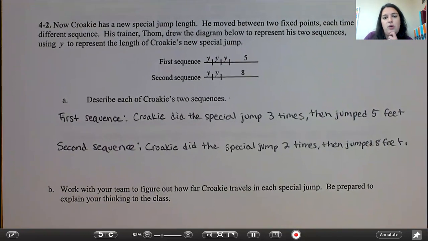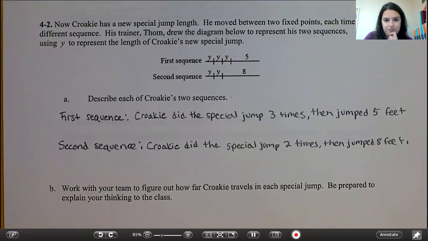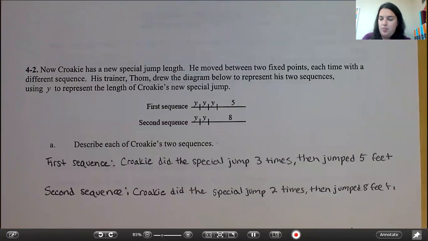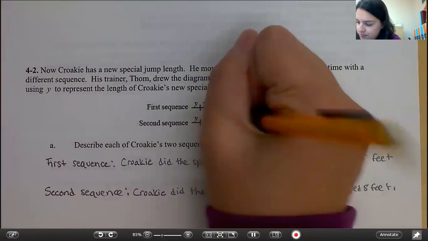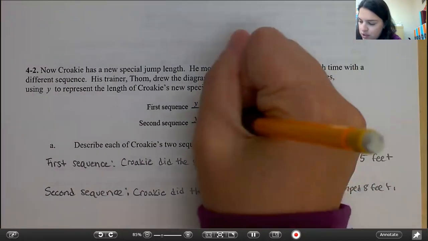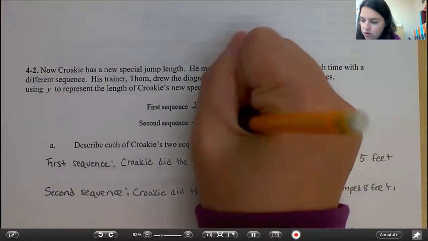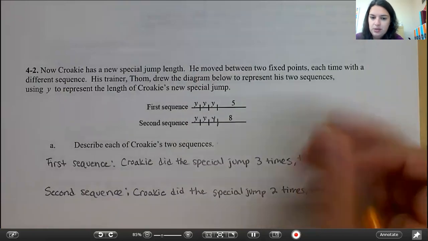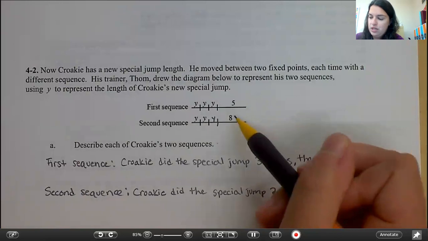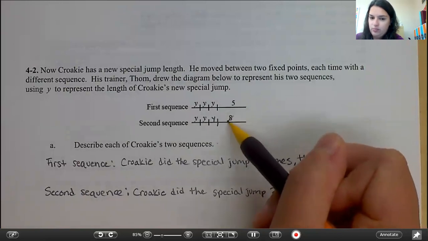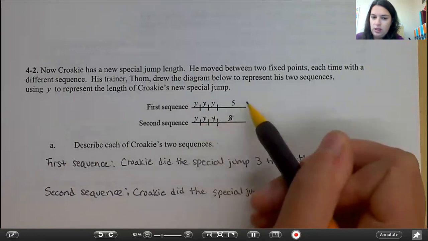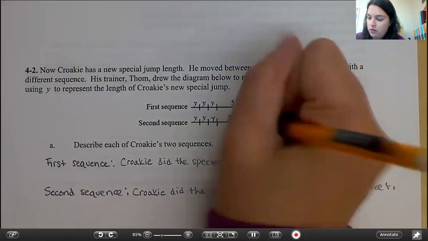So there are some ways that you could have done this, but you should have hopefully seen the pattern that if Croaky would have done one more special jump, that would have become y. So this is no longer 8. 3 y jumps only leaves 5 left over.